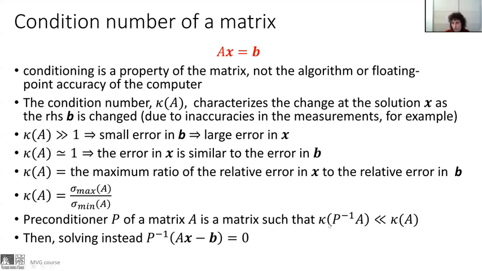And if the condition number of P inverse times A is significantly smaller than the condition number of the original matrix, then small perturbation will not harm anymore like what you had in the original problem. How does it relate to our problem? That's what I want to show you.